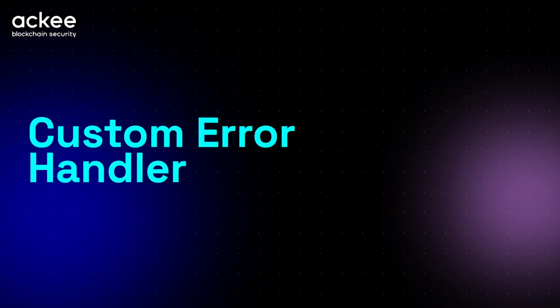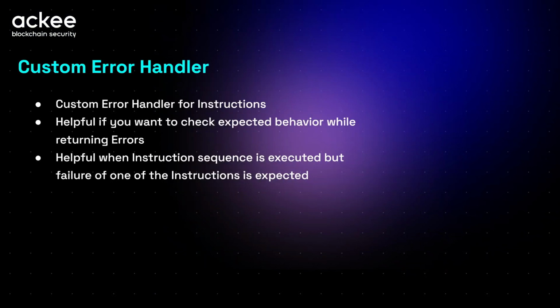We can now talk about the custom error handler. As you can specify the invariant checks, you can also specify the custom error handler for each instruction. For example, this can be helpful in 2 options.